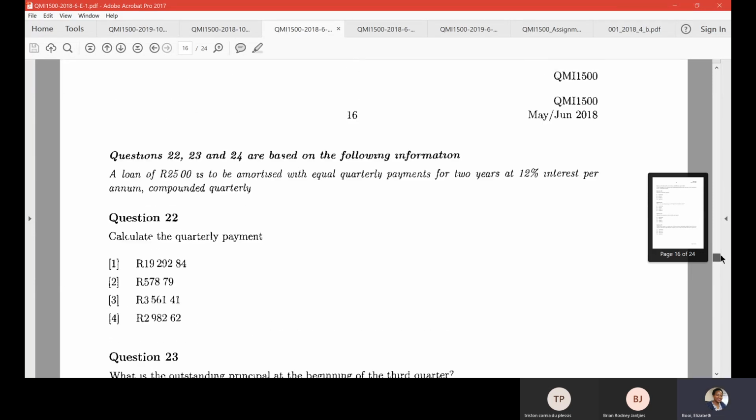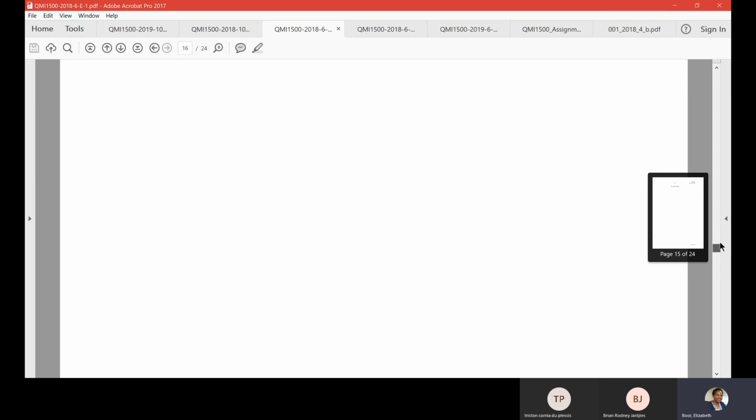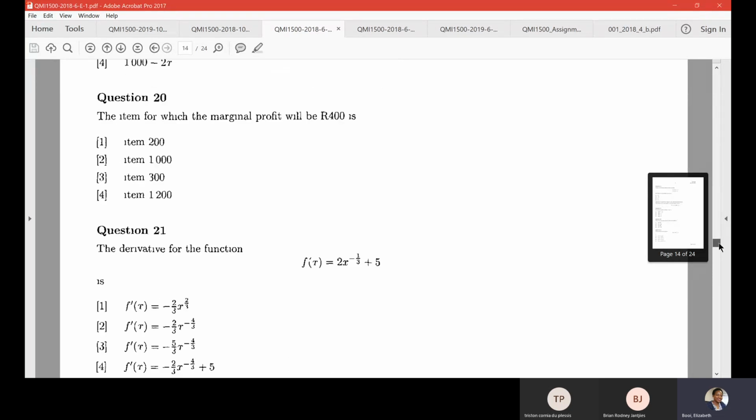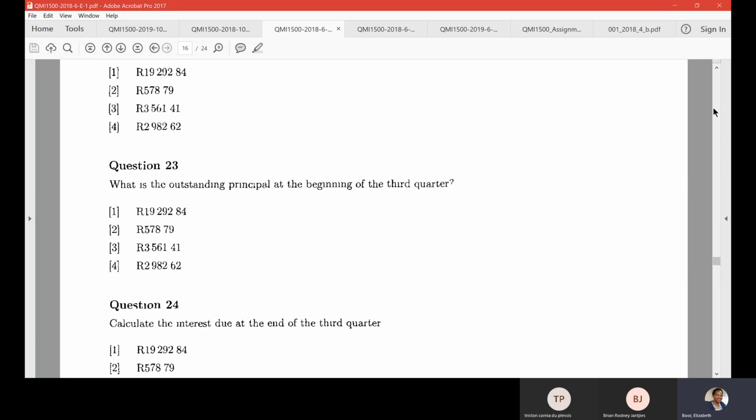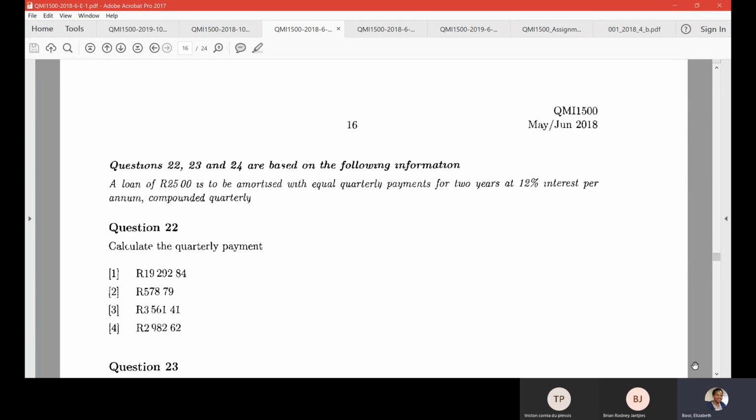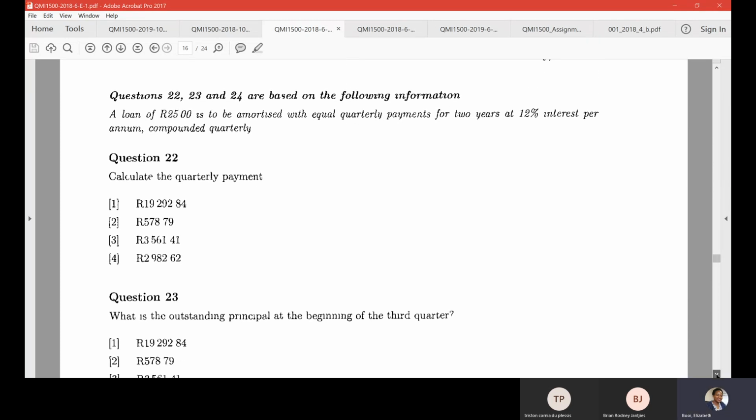Okay, so this is financial math. Let's see, maybe I moved quickly. Okay. This is financial math. This is amortization.